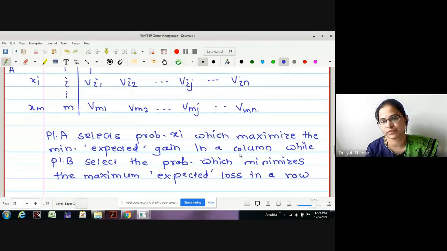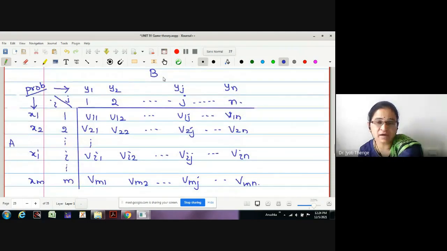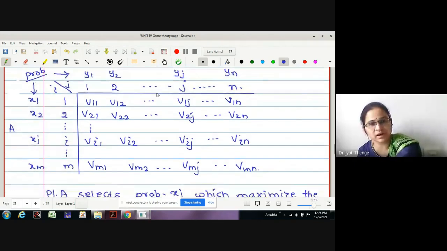Why we are saying it is in a row and in a column? Because whenever we were finding the expected gain of a player A, we were assuming that B plays one activity at a time. And likewise, we are going to find out all n expected gains, right? Similarly for the losses.